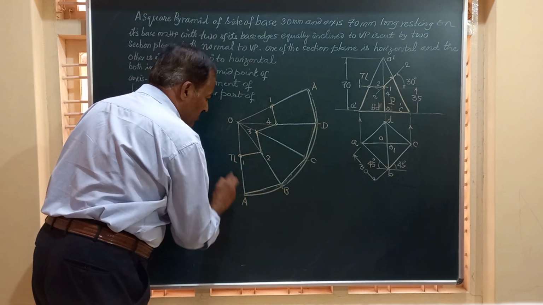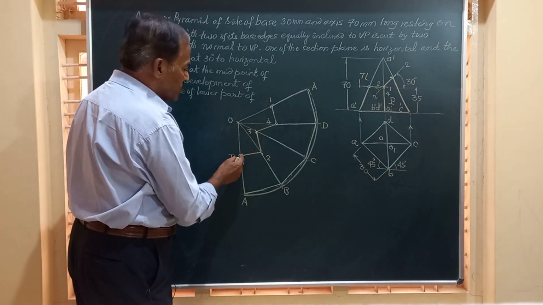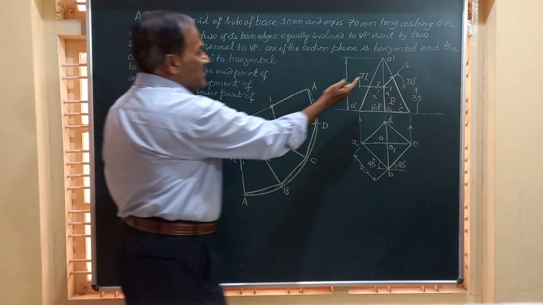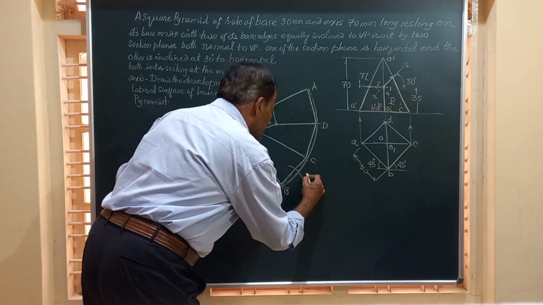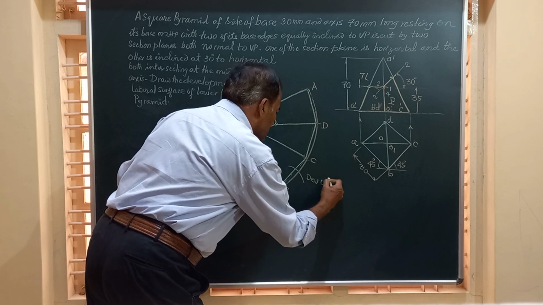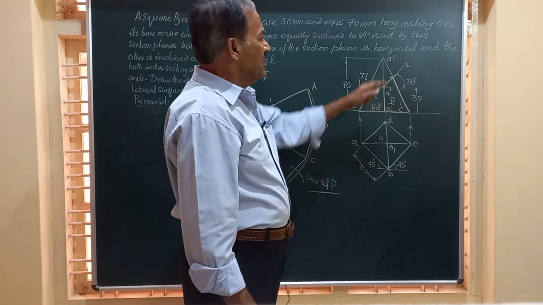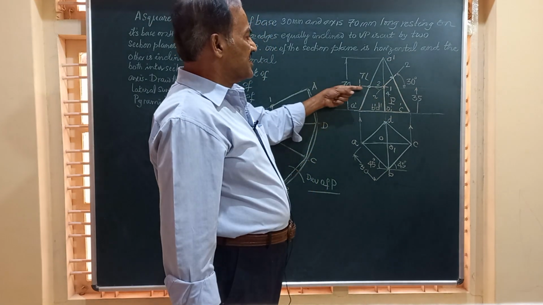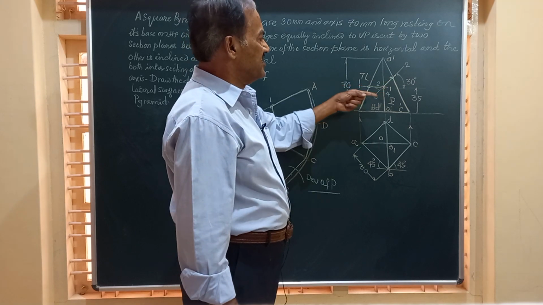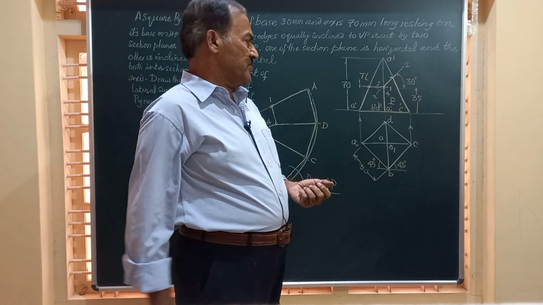Friends, I have shown all these lines. And here the portion above 1, 2, 3, 4 is removed, and this will represent the development of the lateral surface of the lower part of the pyramid when it is cut by two section planes 1 1 and 2 2, both being perpendicular to VP.